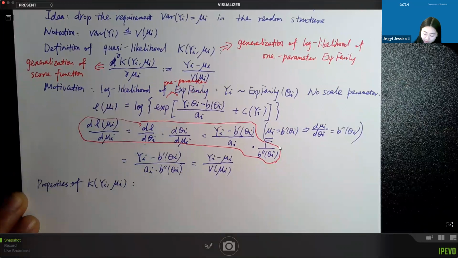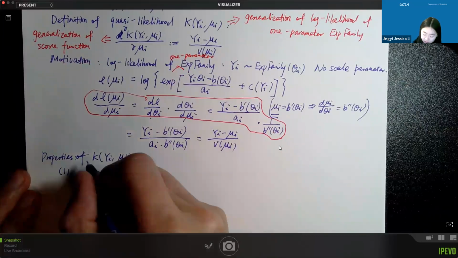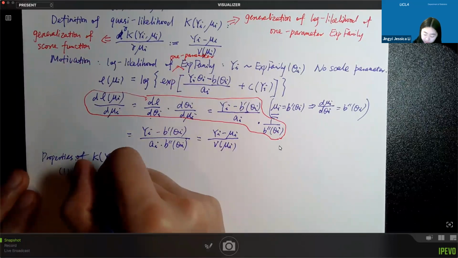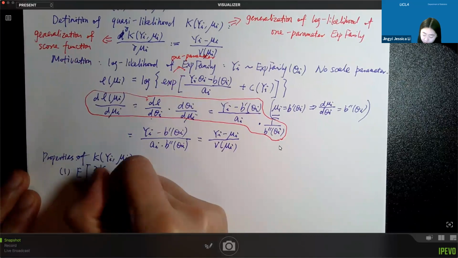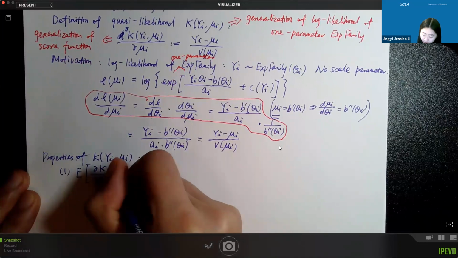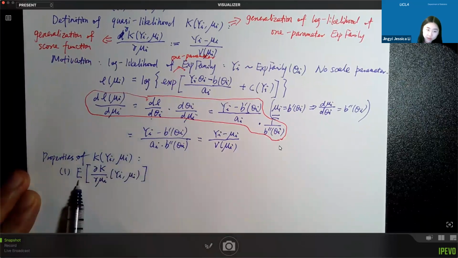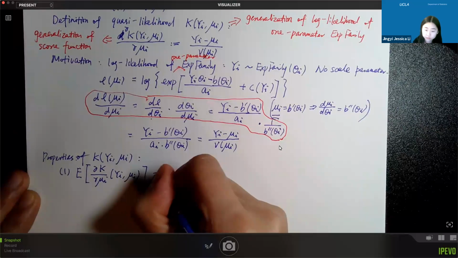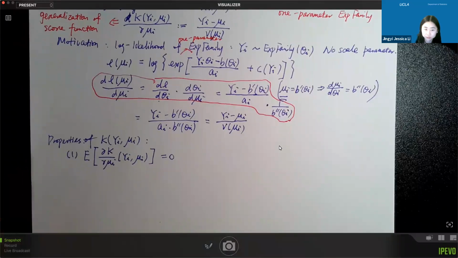The first thing, just as the log likelihood, is its derivative against the parameter, partial K over partial mu_i of (y_i, mu_i). When we take the expectation for the random variable y_i, it's 0. Just as I said, it's very similar to the score function. For the score function, we also have expectation 0.